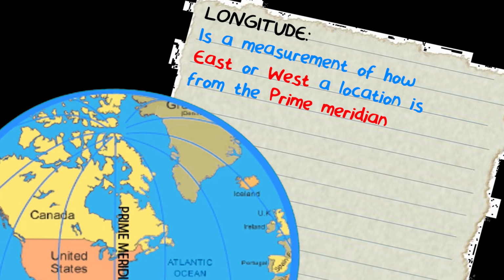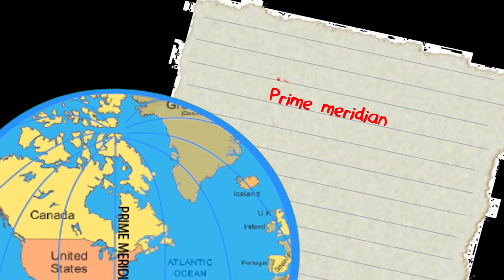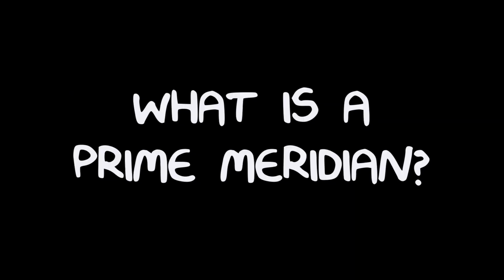Notice, students, that we have introduced another term, the prime meridian. From your geography lessons, can you remember what a prime meridian was? Take some little time to remember what the definition was.